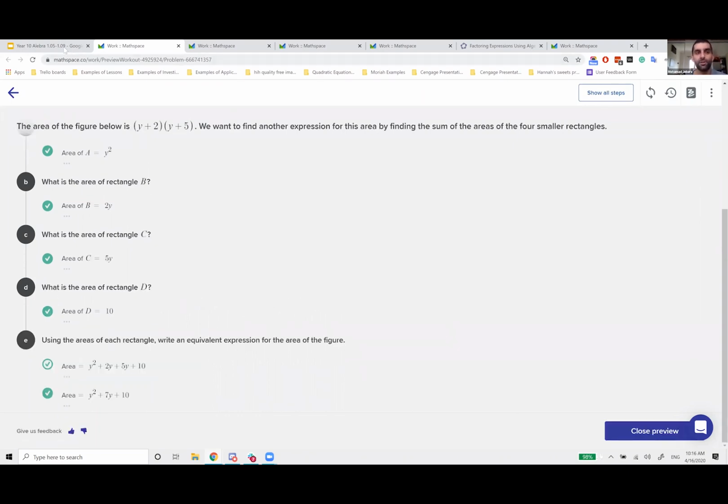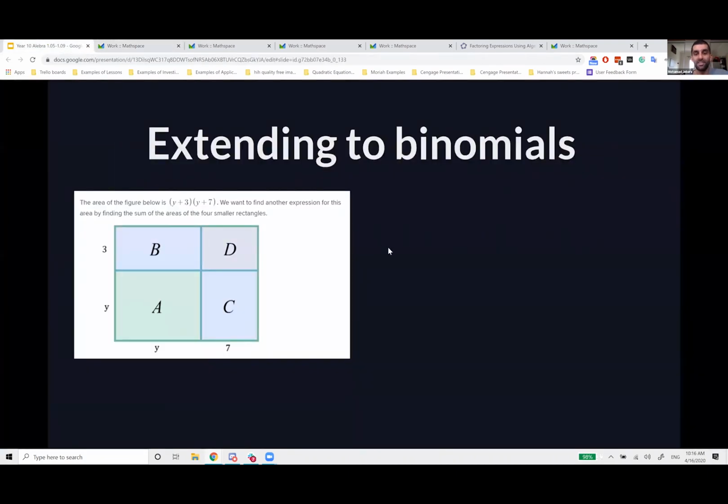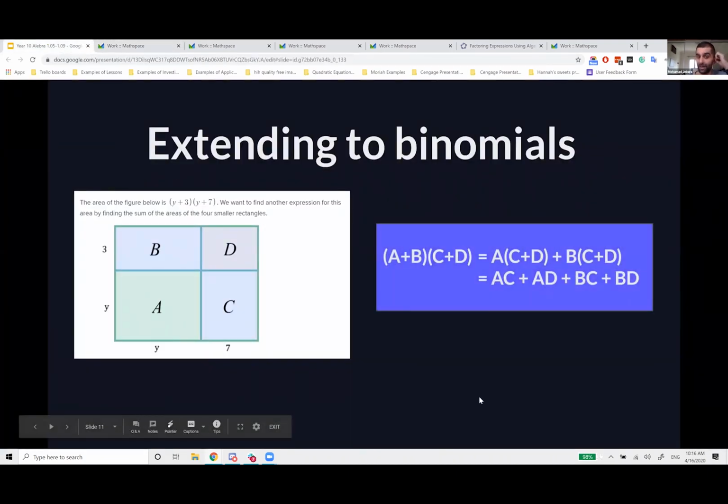All right. So basically, when we start talking about binomials, we have the a plus b outside of c plus d. When we're multiplying these two together, effectively, we're working out the area of each of those four. We end up with AC plus AD plus BC plus BD. So I'll annotate again and show you.